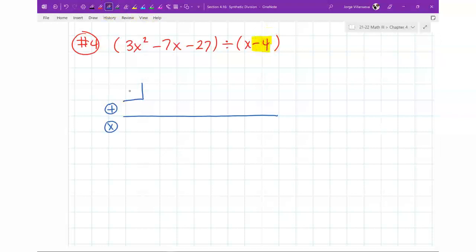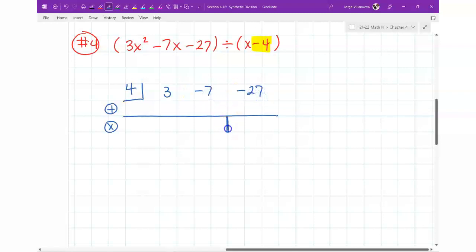So right here, I'm going to put a positive 4. And then next to that box, I got to put my coefficients. So my coefficients for 3x squared minus 7x minus 27 will be 3, minus 7, minus 27. And remember, I like writing the little remainder wall, right? So I know anything past that last number is my remainder.